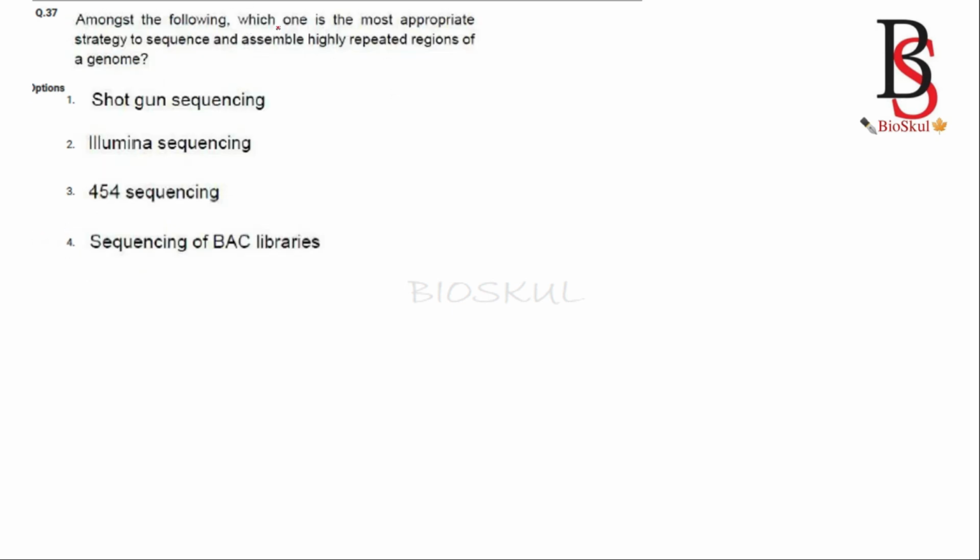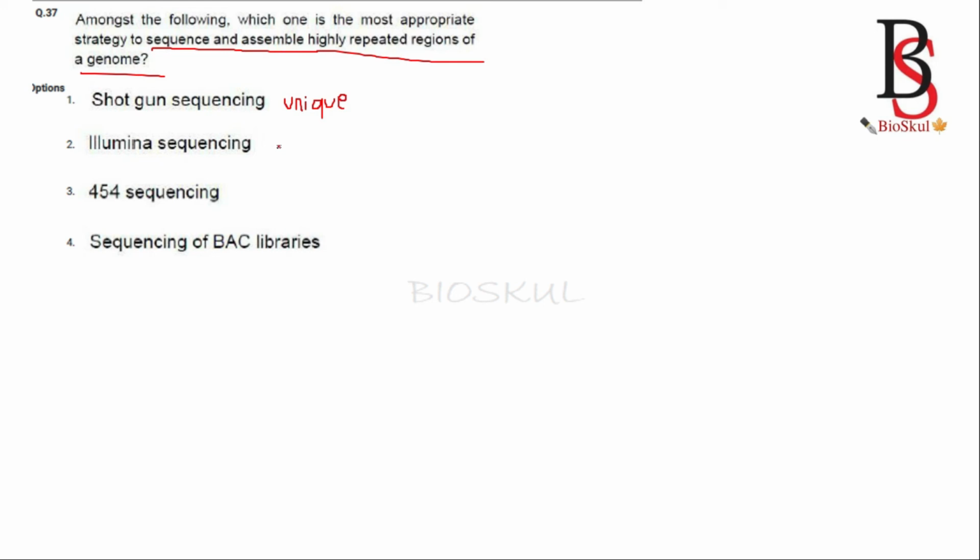Amongst the following, which one is the most appropriate strategy to sequence and assemble highly repeated regions of a genome? Shotgun sequencing requires unique areas within the sequence, so it is not.